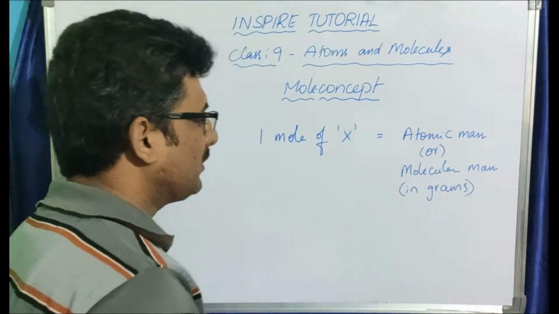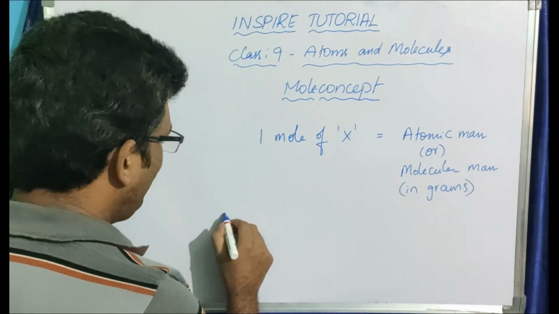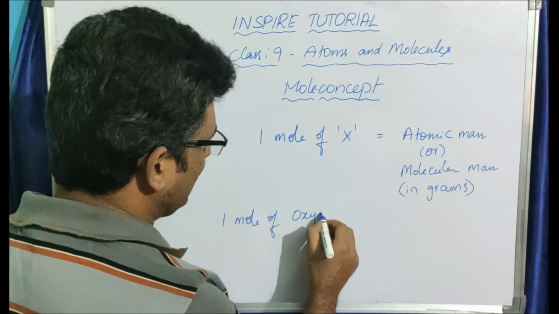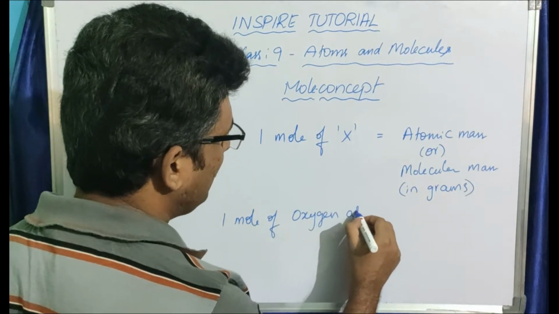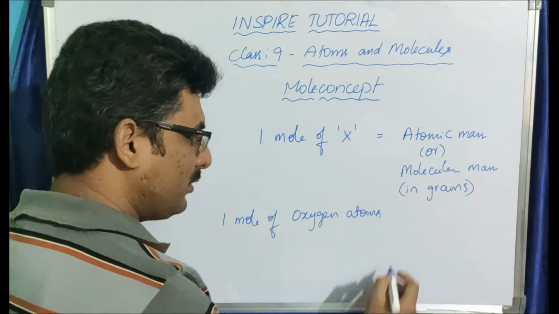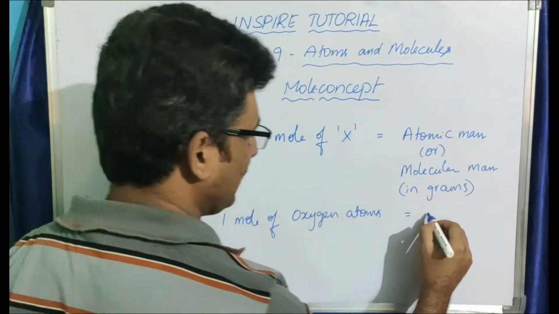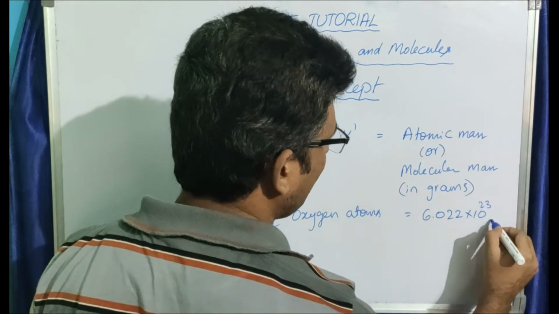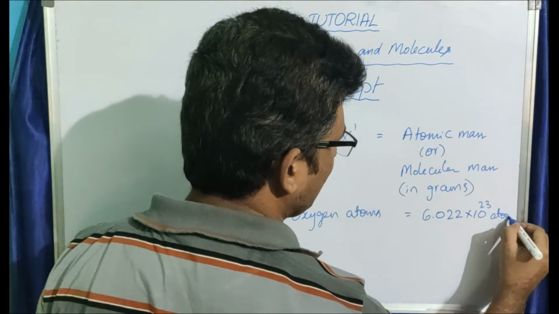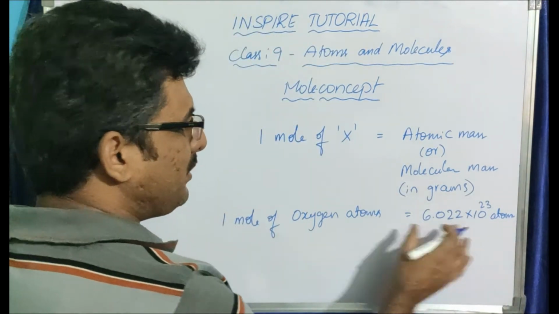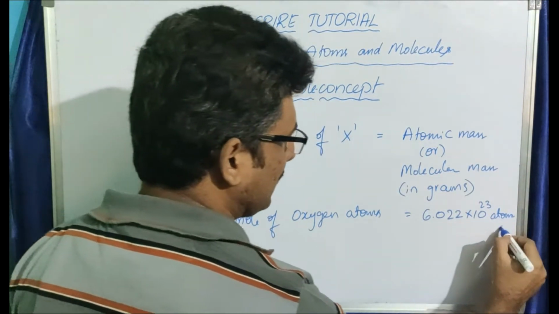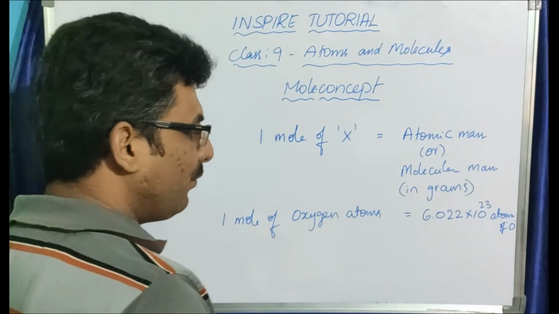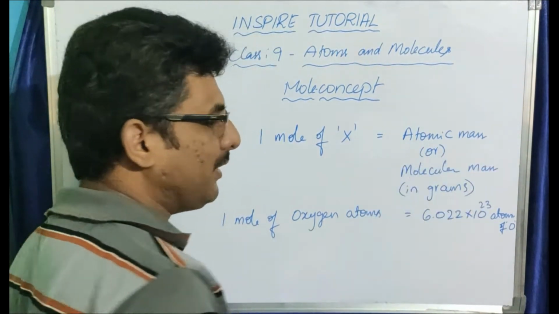Okay, see, for example, if I take 1 mole of oxygen atoms, of course 1 mole of oxygen atoms is nothing but 6.022 into 10 power 23 atoms of oxygen. Now the mass of these many atoms of oxygen, or 1 mole of oxygen atoms, will be equal to its atomic mass.